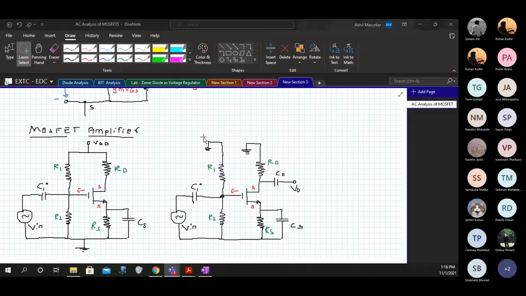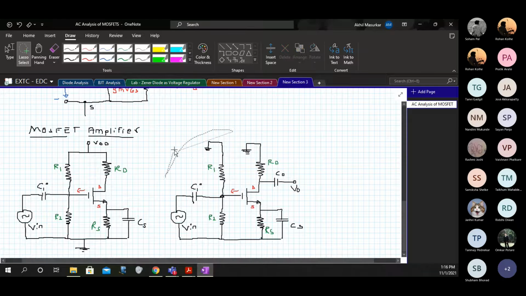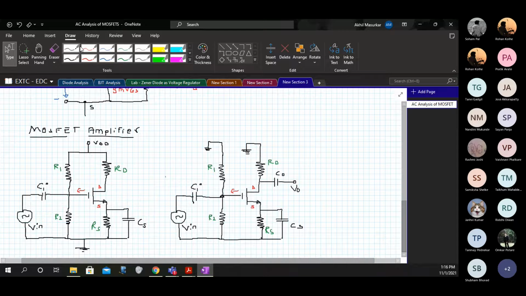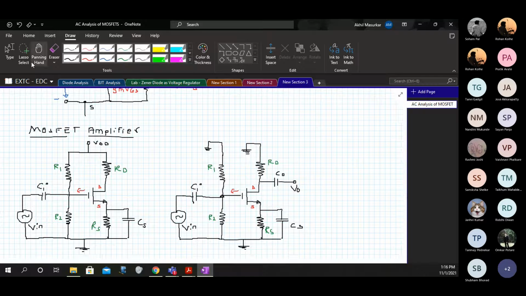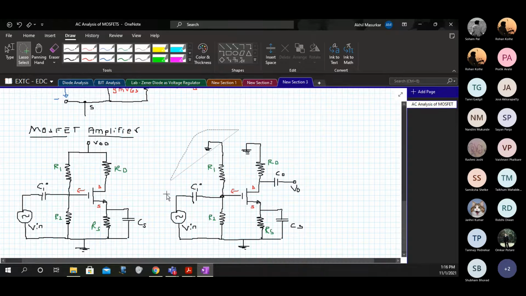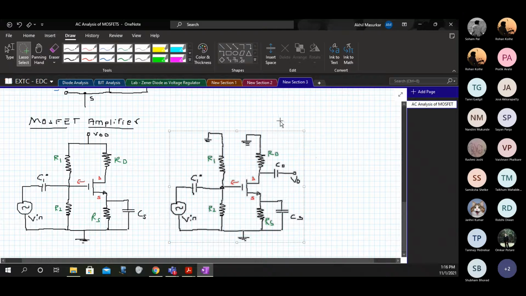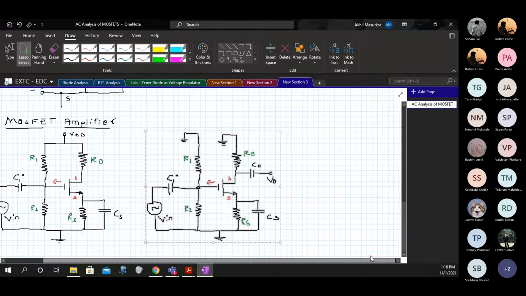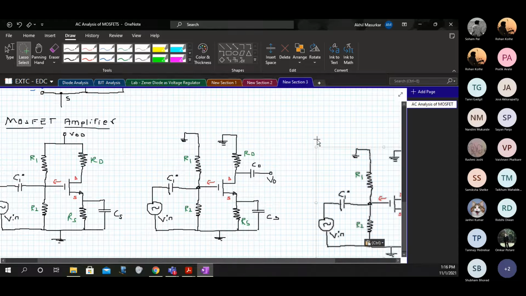Okay. So now this circuit, what will happen here is that we will be having a ground here too. So now we will take this circuit and make all capacitances zero or shorted. So this thing now becomes, let's say, somewhat like this.